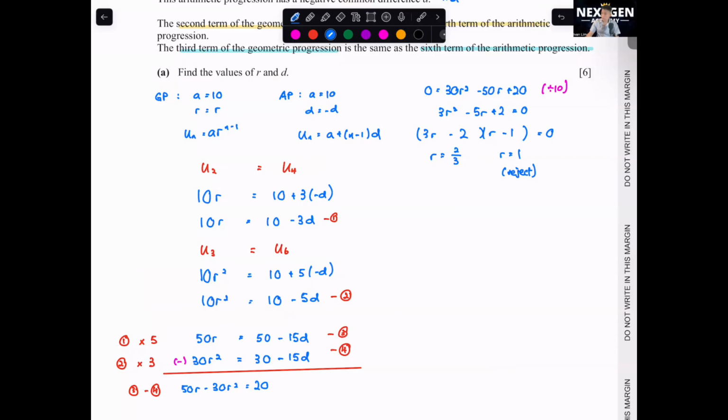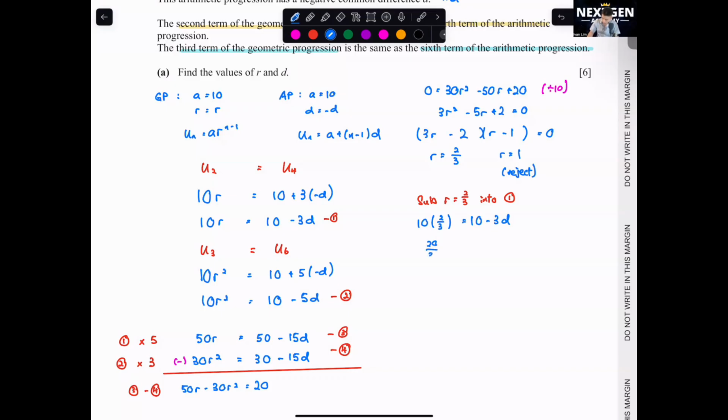Okay, after we get this R already, now we have to find what D is. Let's see which equation, when we substitute the R inside, will be the easiest. I would choose equation 1 here. So let's substitute R equals 2 over 3 into equation 1. 10 times 2 over 3 equals 10 minus 3D.